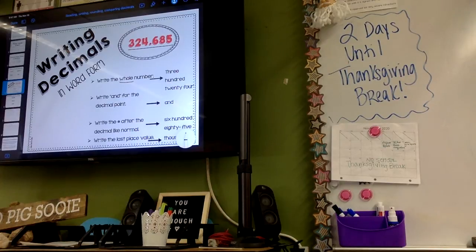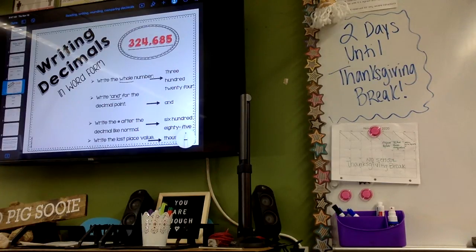So in this case, it's 324. The second thing you do, once you've written your whole number, you write 'and' for the decimal point. So 'and' means your decimal point.